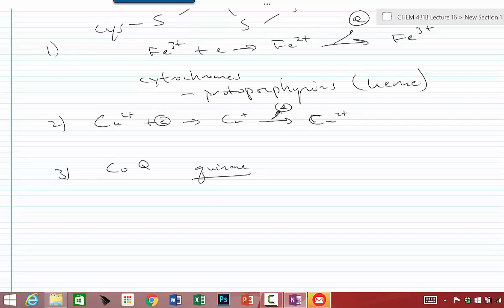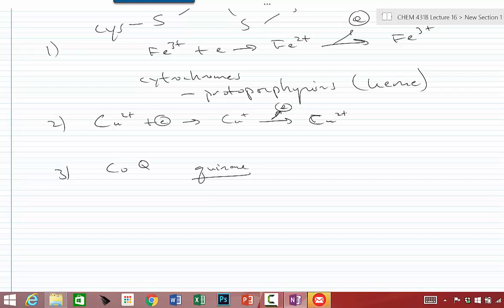And what we have here is complex 1. So complex 1 is going to give up electrons to Q, okay? And then I talked about complex 2. Complex 2 also gives up electrons to Q, but it comes from FADH2. Actually, complex 2 is really part of the Krebs cycle. It's succinate dehydrogenase.